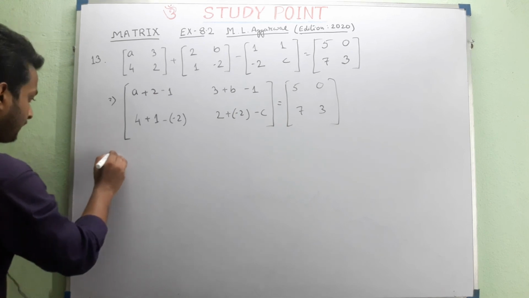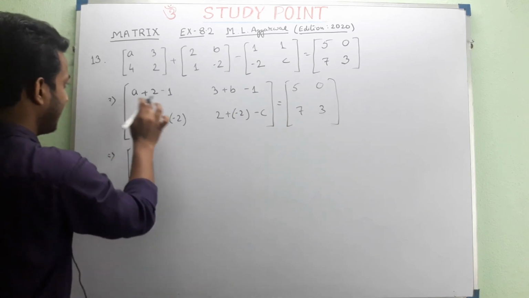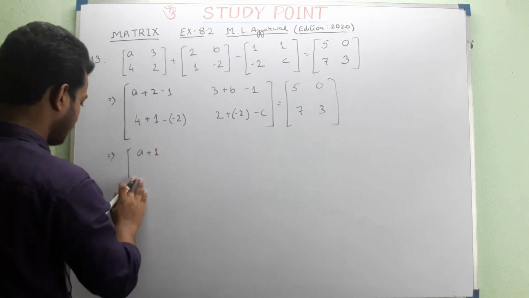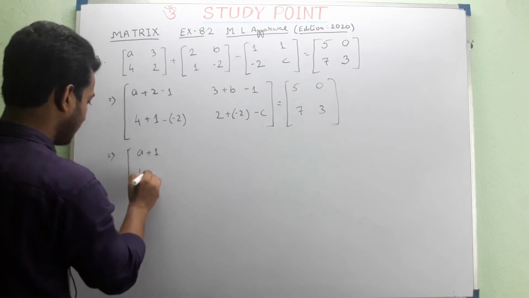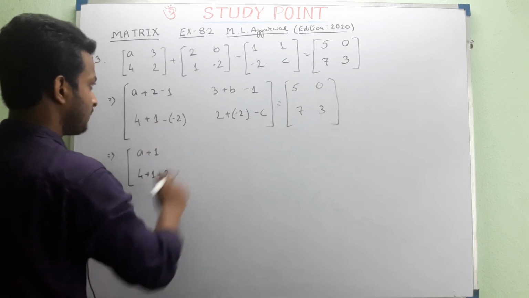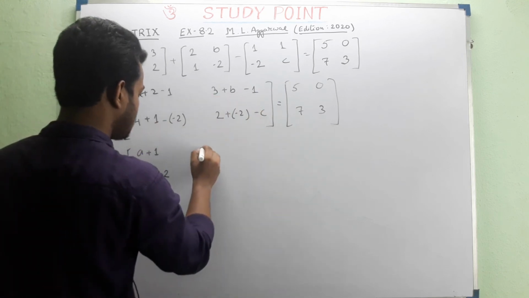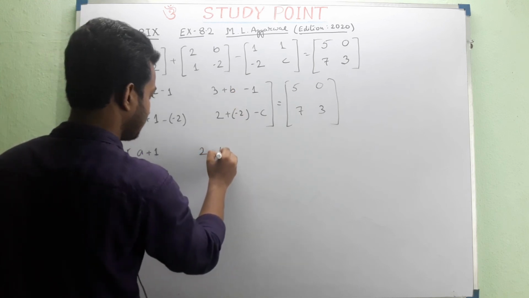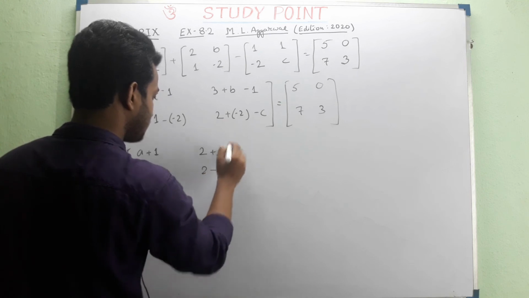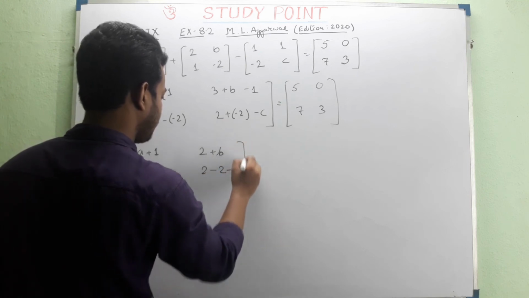Now this one will be, see, a plus 1, and after removing the bracket, a plus 1 minus minus is plus. This one, 3 minus 1, that is 2 plus b. After removing the bracket, plus minus is minus 2 minus c.